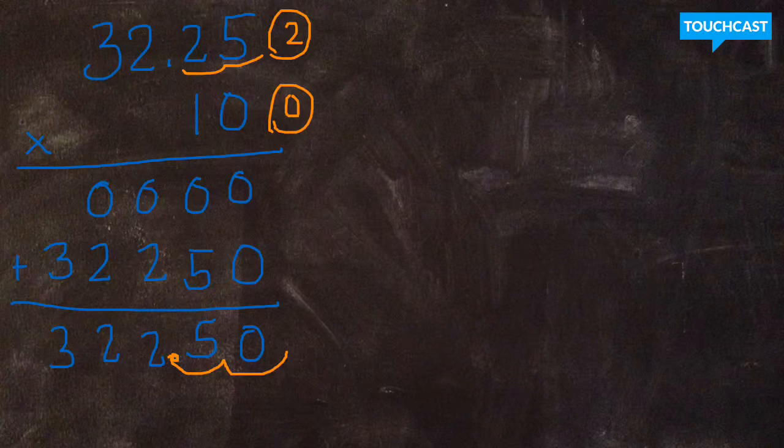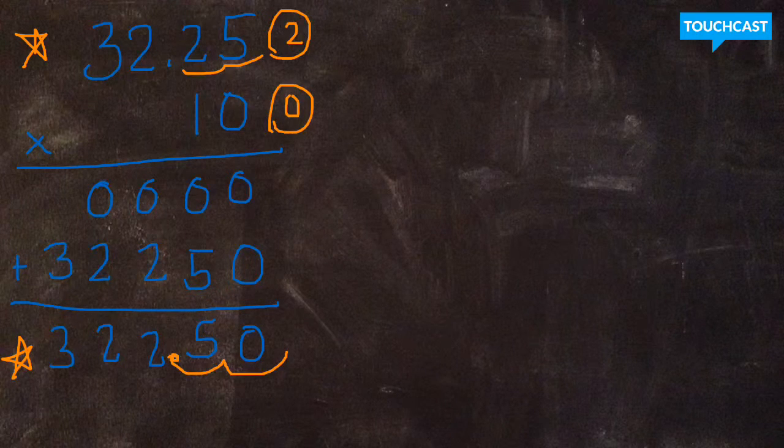So 32.25 times 10 is 322.5, or 322.50. So take a minute to compare where the decimal point was in this original number and where the decimal point is in this final number.